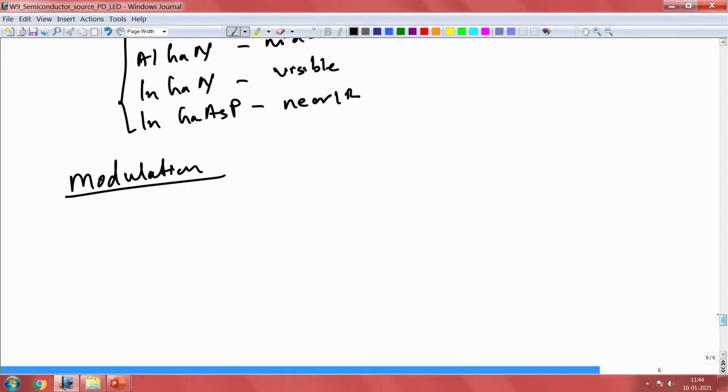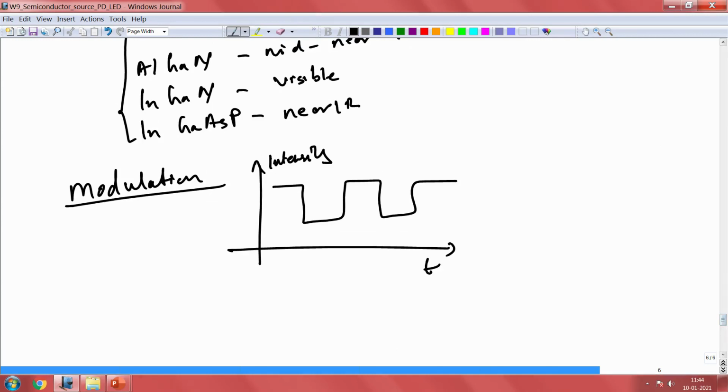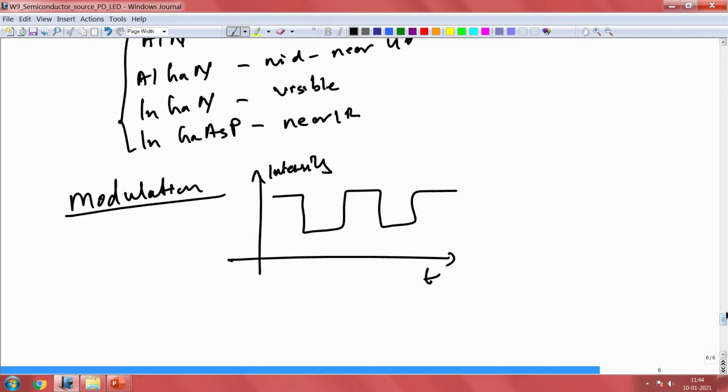You want to control the intensity of light as a function of time. Why would I want to do that? Even for visible light, there is a recent advancement where you want to communicate using visible light for indoor applications, or you want to do communication through optical fibers.